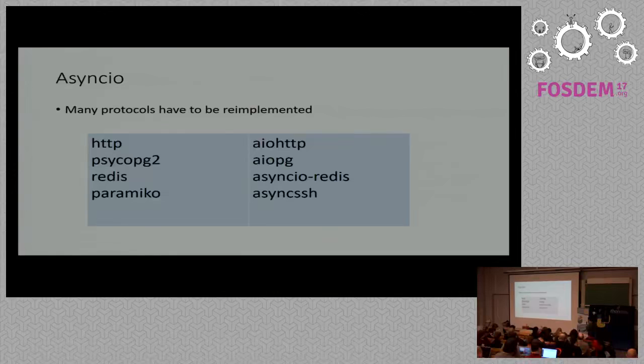When async I/O was created, everyone started creating new libraries for handling those protocols in async I/O. And it really felt like we were doing a lot of duplicate work. That was one of the critics against async I/O, that it's impossible to reuse the standard libraries in an async I/O application because they were doing blocking calls, which we don't want.